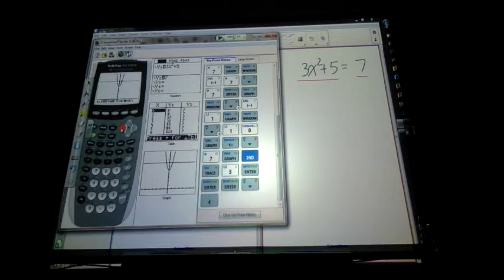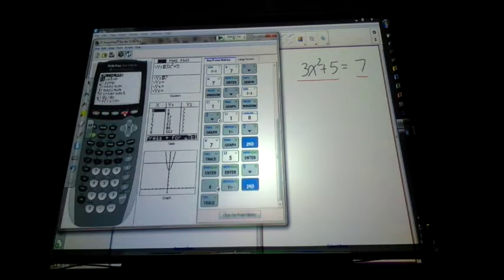Can I go to the other one? If I zoom over to this one, do the same thing. Second, calculate, intersection. If I bring this back over this way, it's going to find me the x component over here.